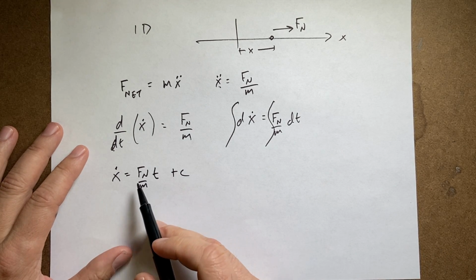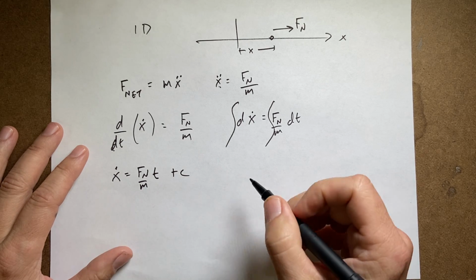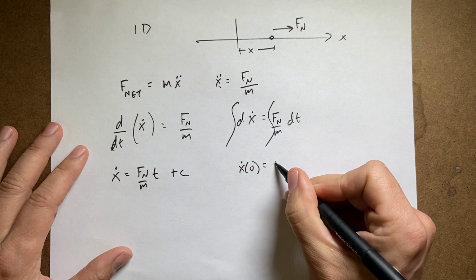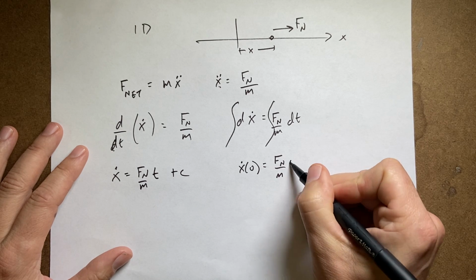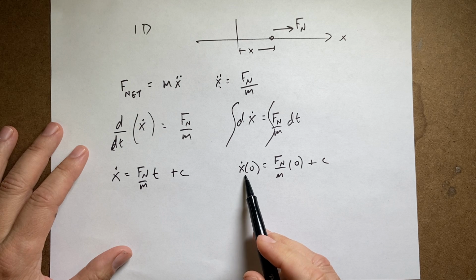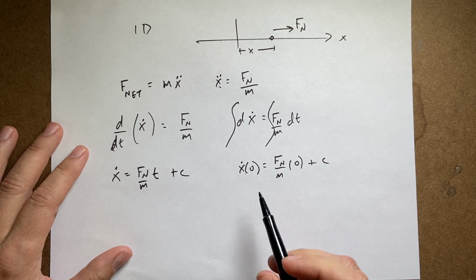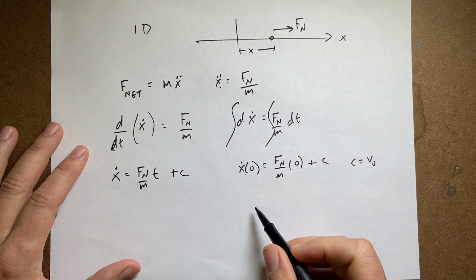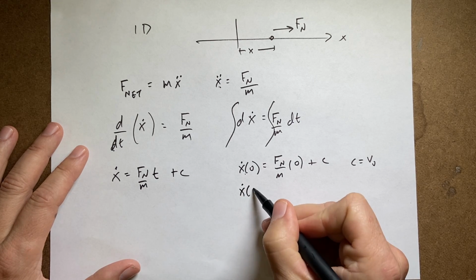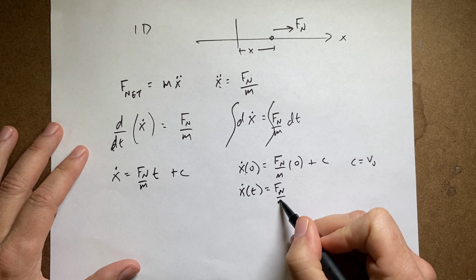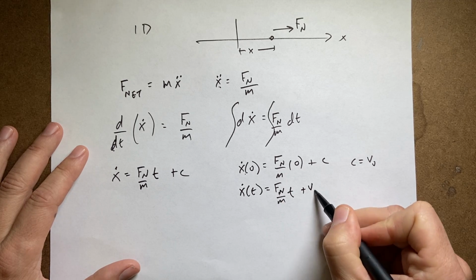But now I can say x dot at time 0 is going to be equal to Fn over m times 0 plus c. So that means c has to be the velocity at time 0. So let's say c equals v0. So now I get x dot as a function of t equals Fn over m t plus v0.